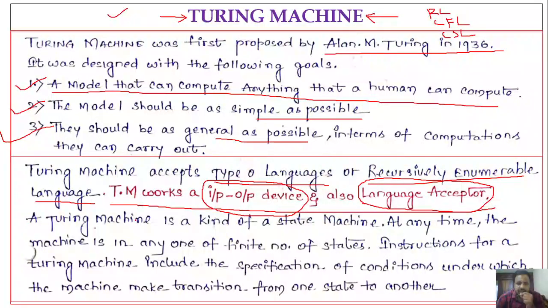So next one, a Turing machine is a kind of state machine. Okay. So state machine means we could say it is something like a state transition machine, in which the state transitions are performed by considering the input symbols as well. Okay. Next one, at any time the machine is in any one of a finite number of states. Okay, so instructions for a Turing machine include the specification of conditions under which the machine may transition from one state to another state.